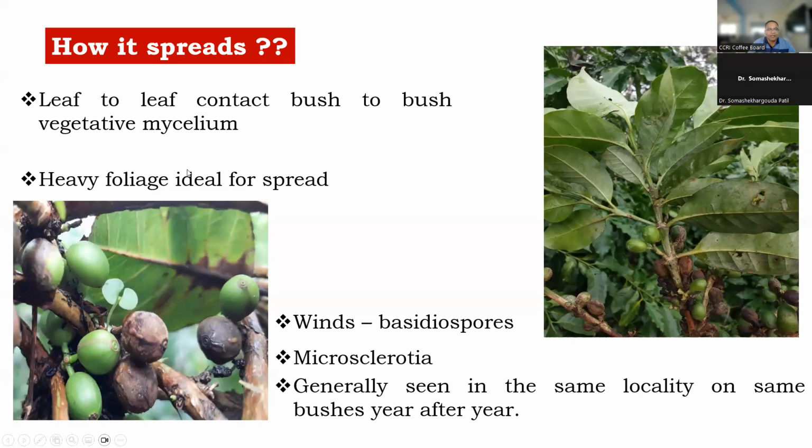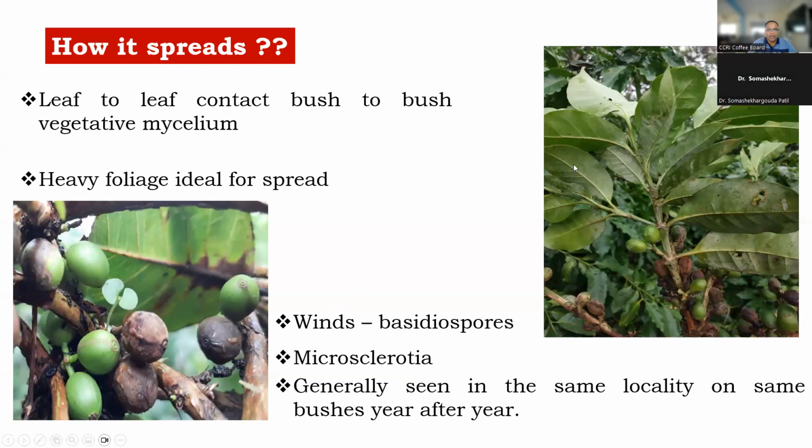Wherever there is heavy foliage, it is very ideal for spread of the disease, especially where there is dense, high density planting, we will see more spread of the disease.